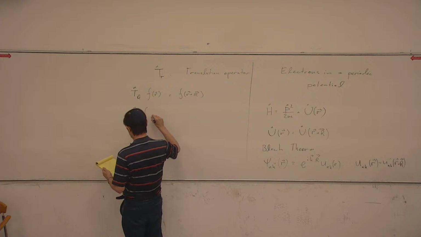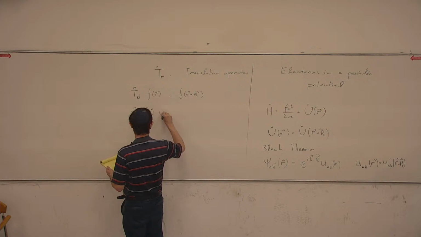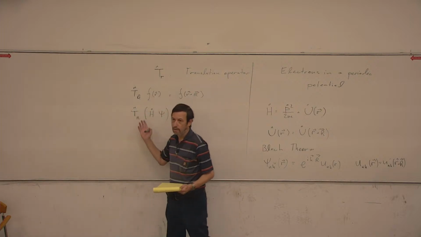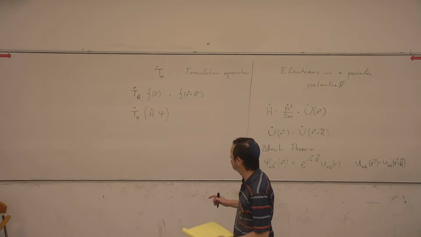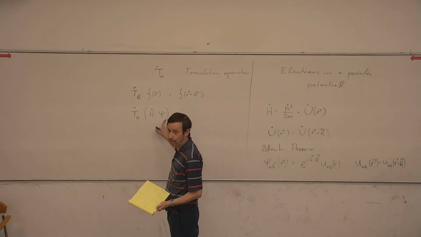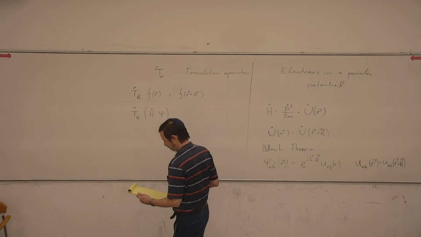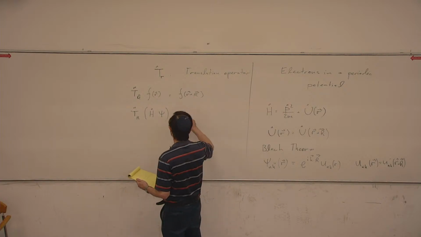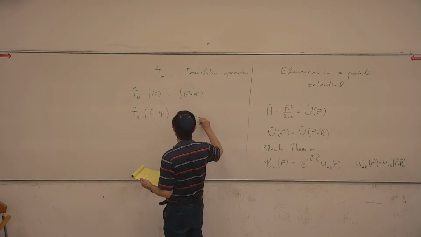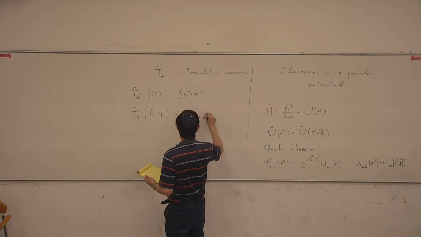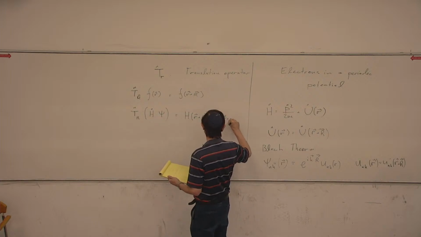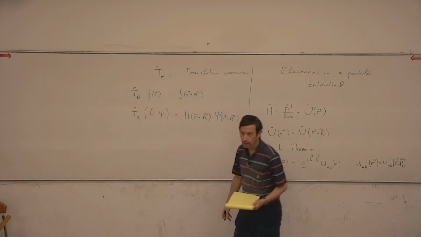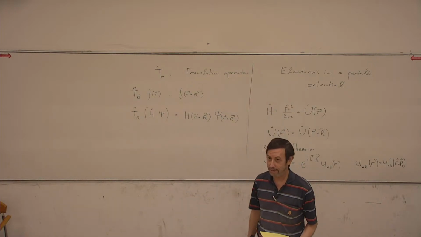So I am using the translation operator on H multiplied by psi, the left side of the Schrödinger equation. Why? Because that's what this operator does.